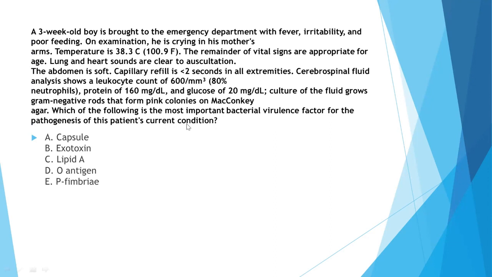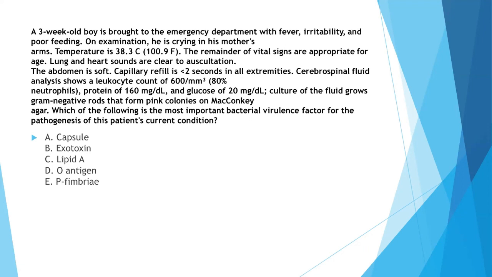Which of the following is the most important bacterial virulence factor for the pathogenesis of this patient's current condition? A 3-week-old boy is brought to the emergency department with fever, irritability, and poor feeding. On examination, he is crying in his mother's arms. Temperature is 38.3. The remainder of vital signs are appropriate for age. Lung and heart sounds are clear to auscultation. Abdomen is soft.